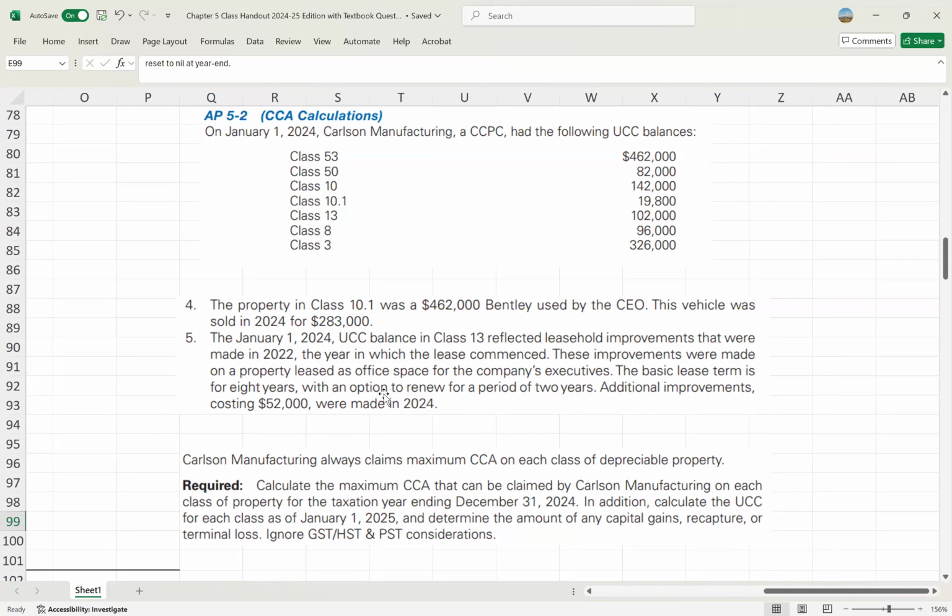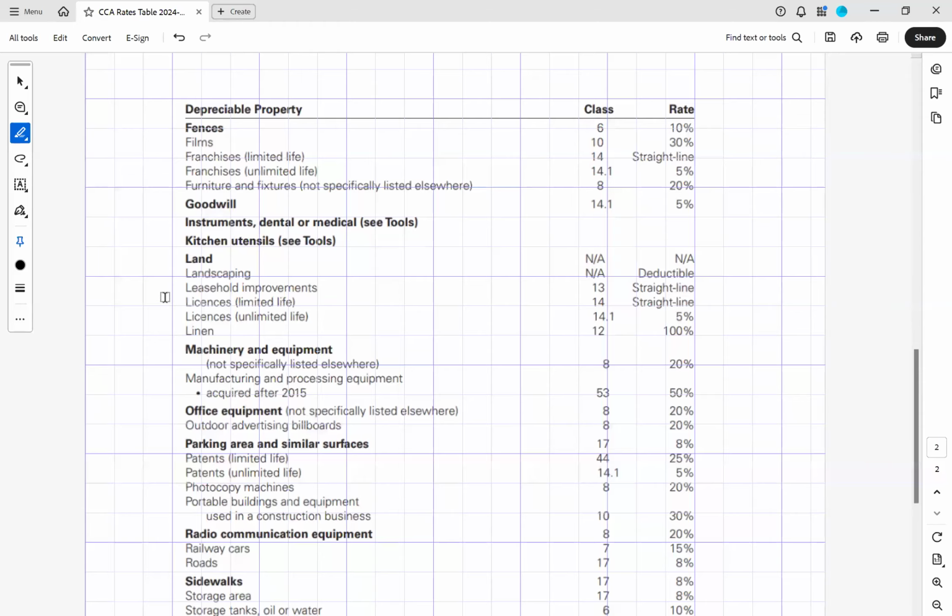Class 13 is another exception. If you were to look at the CCA rates table, under L for leasehold improvements, we see that right here. Leasehold improvements, class 13, it says straight line. So that's not really that helpful when it just says straight line.